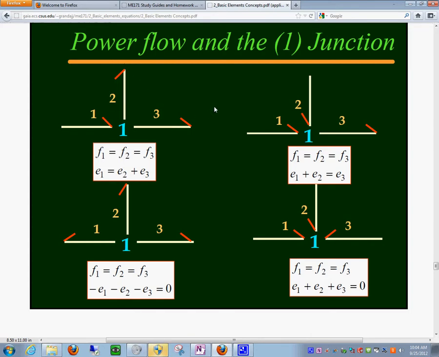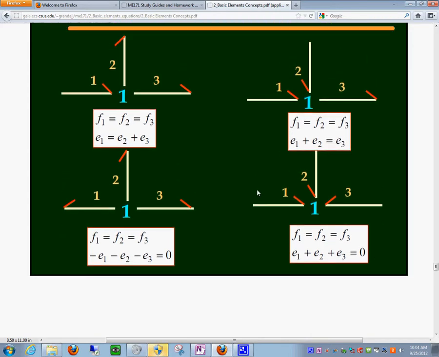And then on the right-hand side you have 2 coming in, and then you have 1 going out. So this is F1 equals F2 equals F3, and then you have E1 plus E2 equals E3. Now you have in here F1, same thing, the flows are the same, but then you have minus E1 minus E2 minus E3 equals 0, the summation of those 3 equals 0.